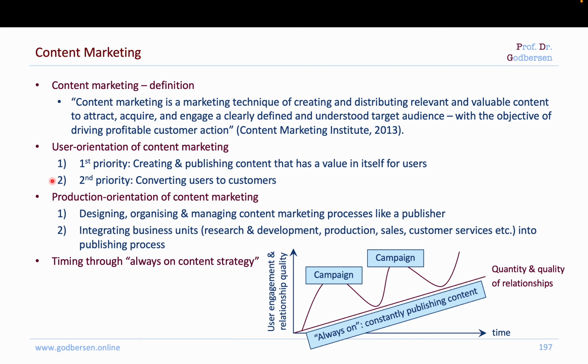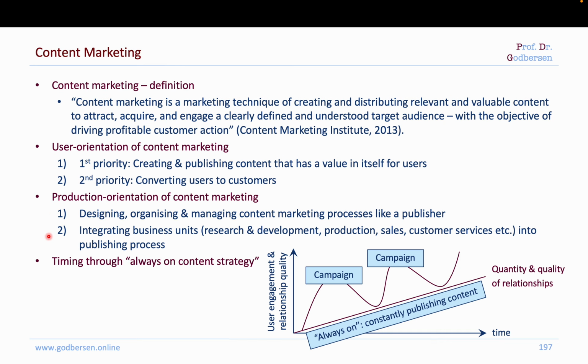Secondly, you have a production-oriented approach to content management. Understand yourself like a publisher, like a newspaper, a television station, like the classic publishers, and not like a marketeer. Again, that goes in line with the content itself must be of value and is not just an advertisement.